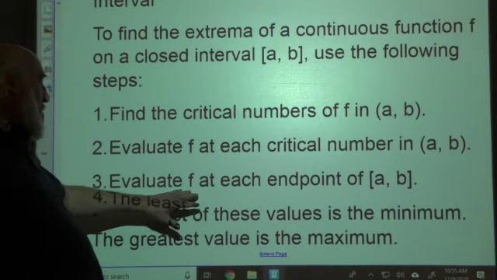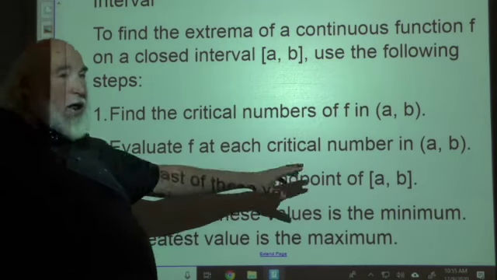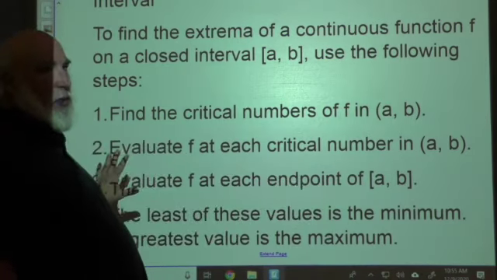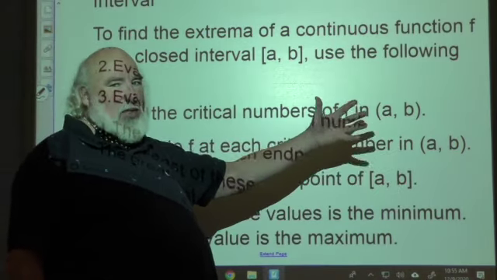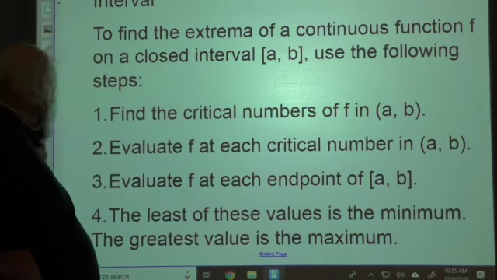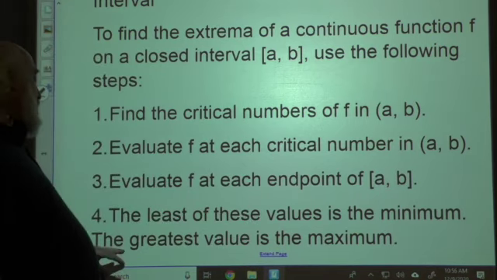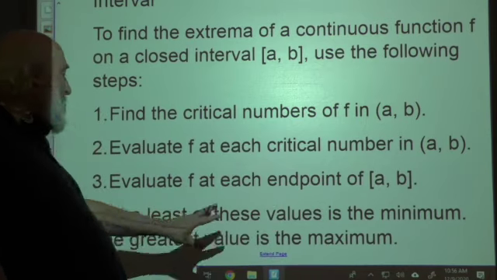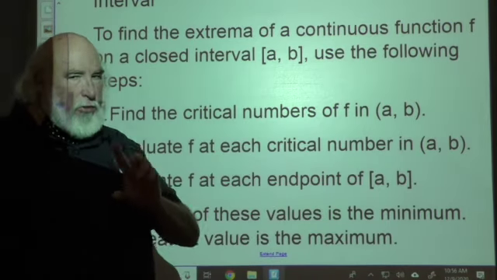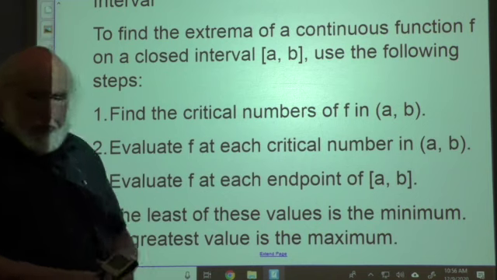We evaluate the function at each endpoint. So the left side we call the left endpoint, and the right side we call the right endpoint. We have to find the x, y values for those. And then the least of these values that we have found is called the minimum, and the greatest value is the maximum. So we'll be referring to those throughout the problems.